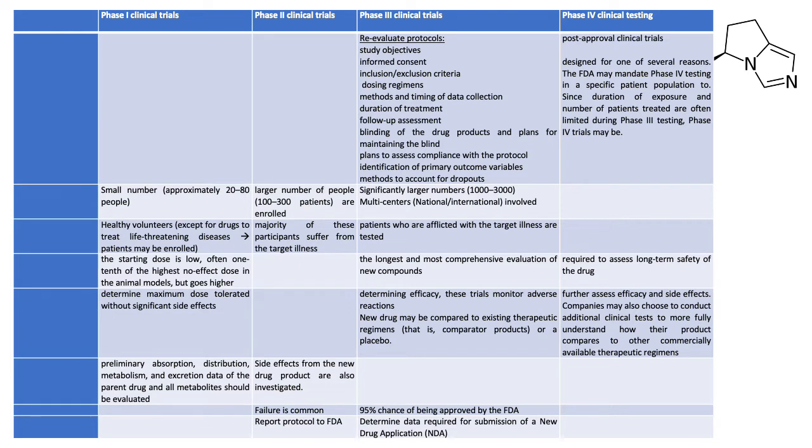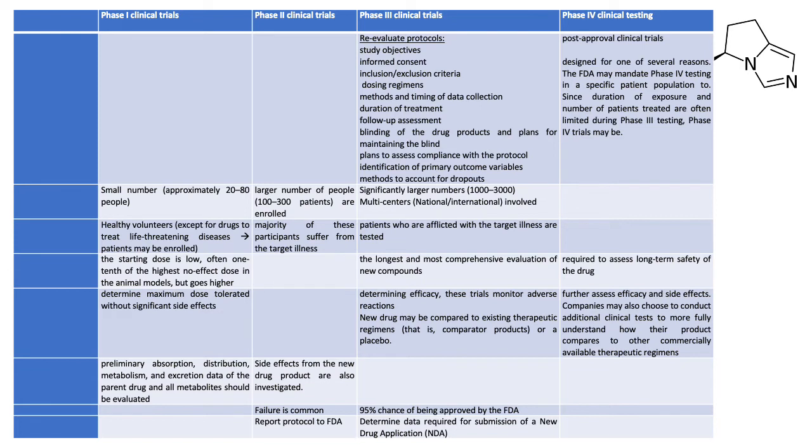And then the starting dose here is not known, or the optimal dose. And in fact, researchers would extrapolate or use the doses that have been effective in animal models. So they use 1/10 of the highest no effect dose in animal models.